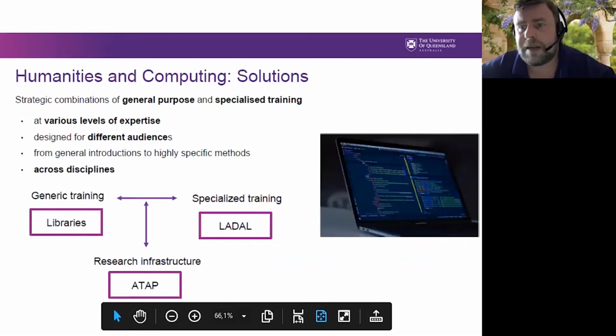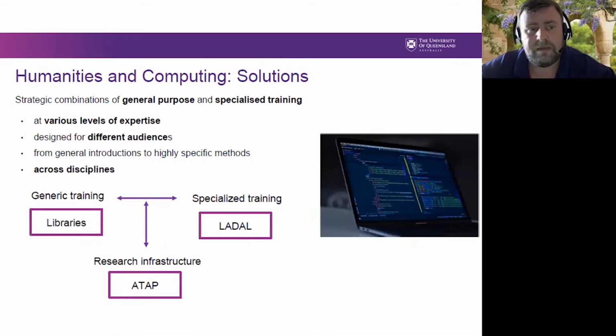Now, there are three main problems when we want to build computational resources for HASS researchers. First, the people that we're dealing with, so the researchers and students, they differ quite dramatically in their levels of expertise. So you have people who have very little experience and skills in computational methods or digital resources.